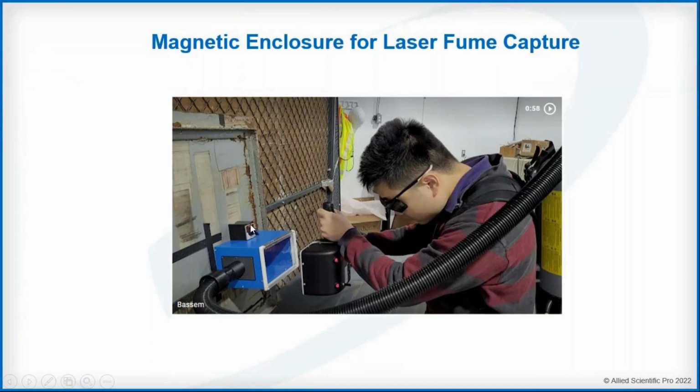You can attach it magnetically to any metal surface, and then you can shine the laser through the glass. It will remove the paint or the contaminant rust, and all the debris is captured inside the box and removed by the vacuum pump. So it's pretty convenient to use this magnetic box.